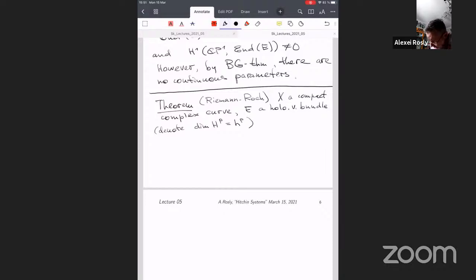Then we have: h0 of X, E minus h1 of X, E equals the degree of the bundle plus the rank of E times 1 minus g. Together with Serre duality, this sometimes gives a complete description of cohomology.